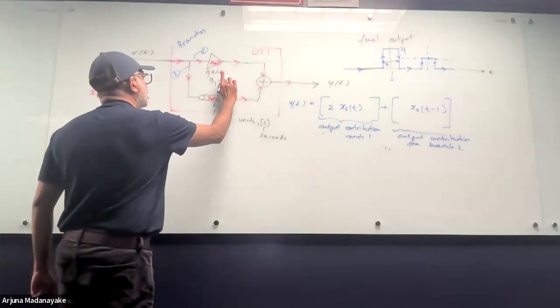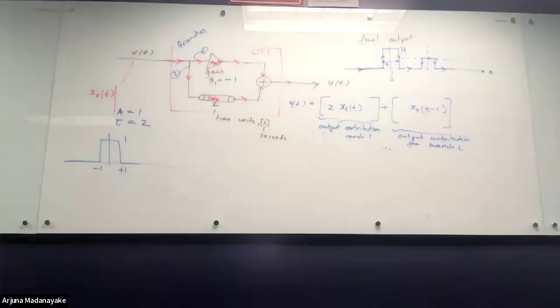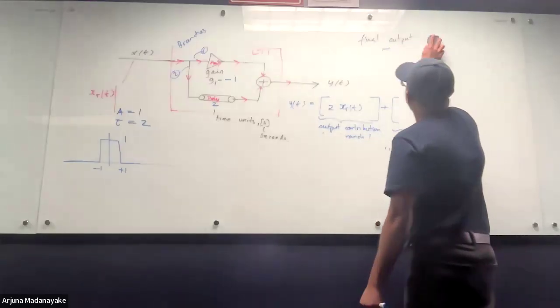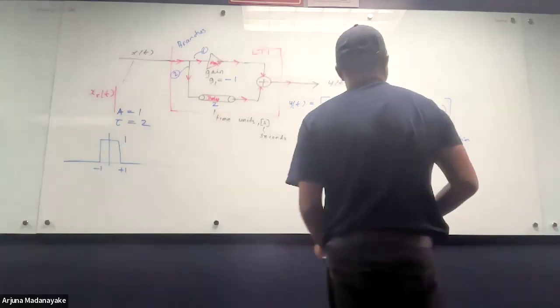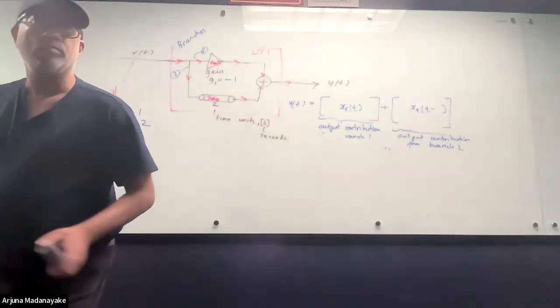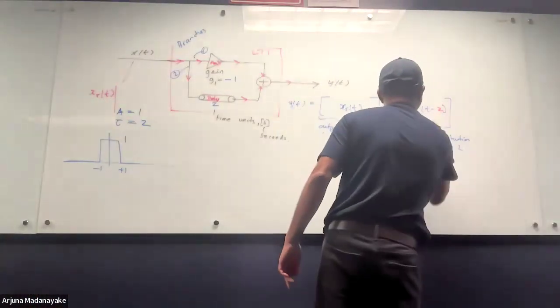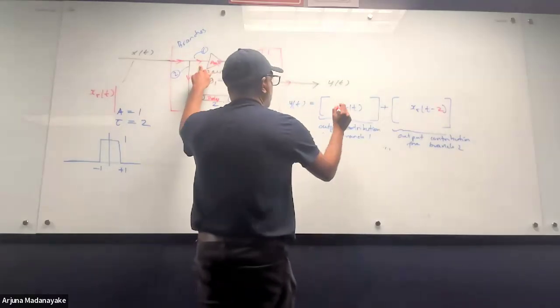And my gain here is going to be -1. So my new delay is 2. This branch has gain 1, so that's fine. This one, gain is -1.